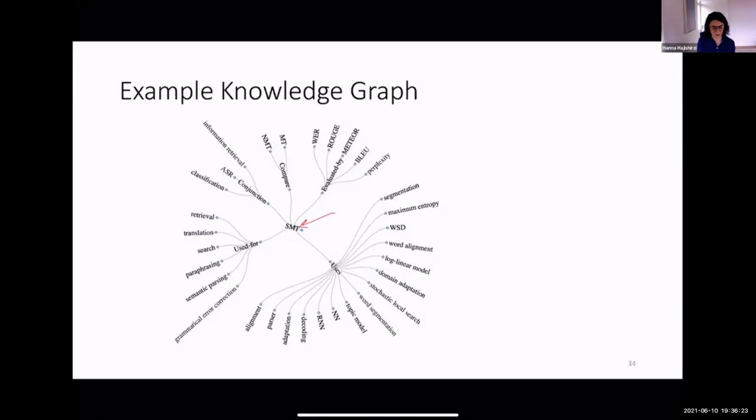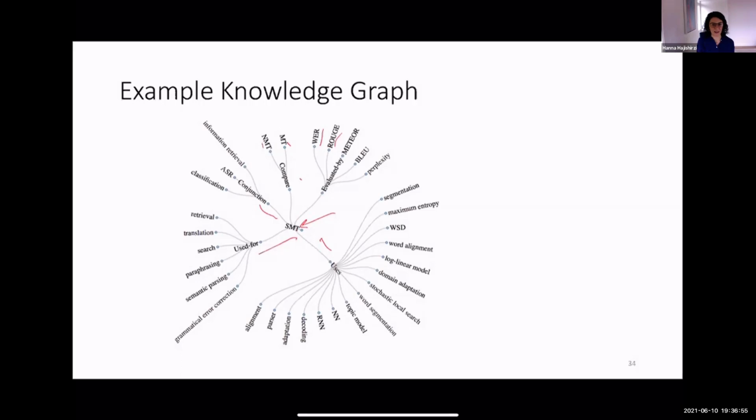I don't know if you can read it, but some important relations are: it is evaluated by word error rate or ROUGE or METEOR and so on. We compare it with NMT and MT. In conjunction with ASR, it is used for retrieval, translation, search, and uses segmentation, maximum entropy, word sense disambiguation. Most of them are pretty precise.